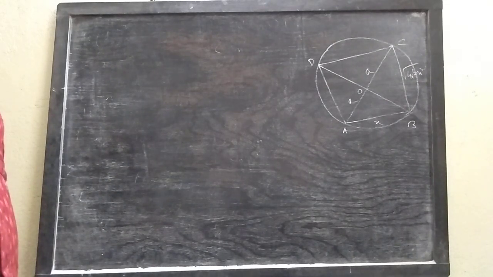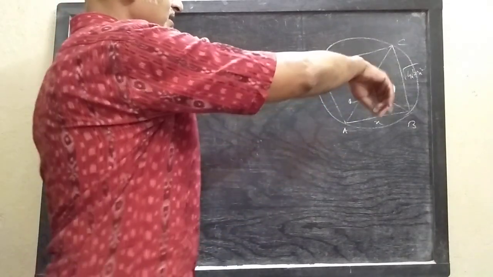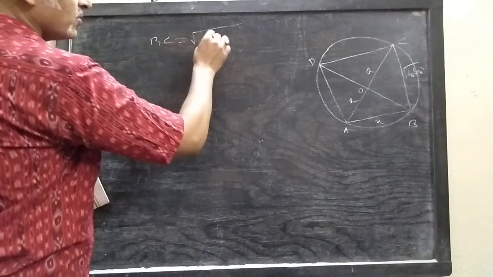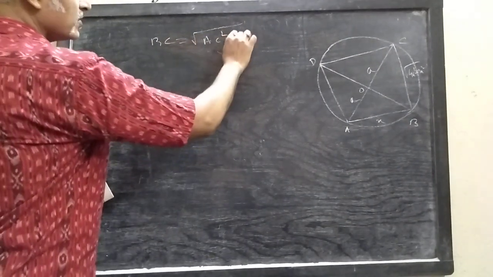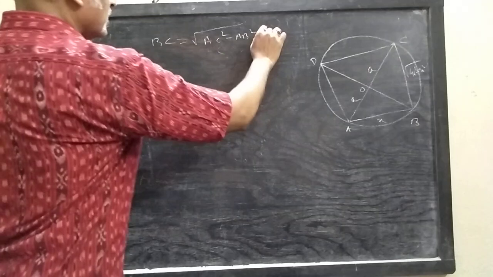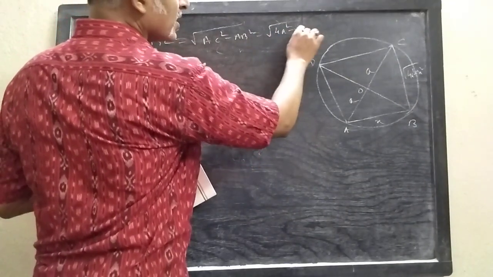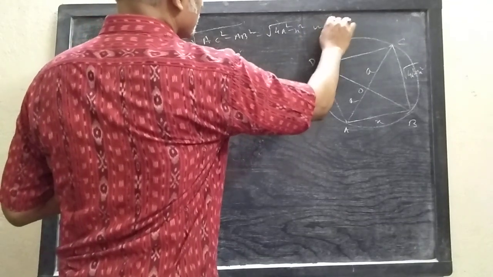Then AC, the diameter of the given circle, is equal to 2a units, because the radius of the circle is a units. Then the length of the adjacent side BC will be root over of AC square minus AB square, that is root over of 4a square minus x square units.